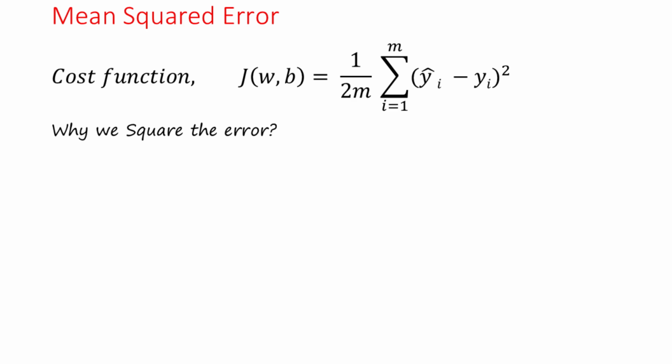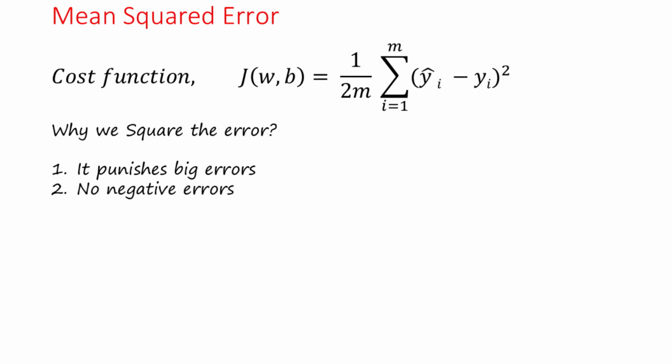Why square the errors? Glad you have asked it. Reason number 1, it punishes big errors. Squaring amplifies large errors. A mistake of 5 becomes 25, while 0.5 becomes 0.25. A big mess-up screams louder, forcing the model to pay attention.